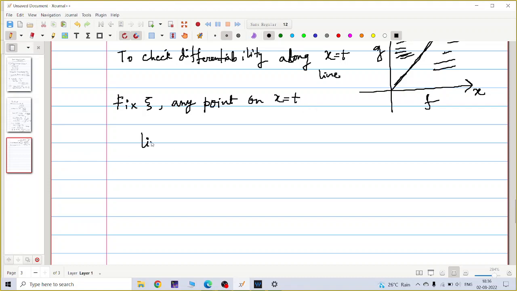That is, I want to check whether the limit as x tends to xi plus of del u del x at (x, xi) is equal to the limit as x tends to xi minus of del u del x at (x, xi).